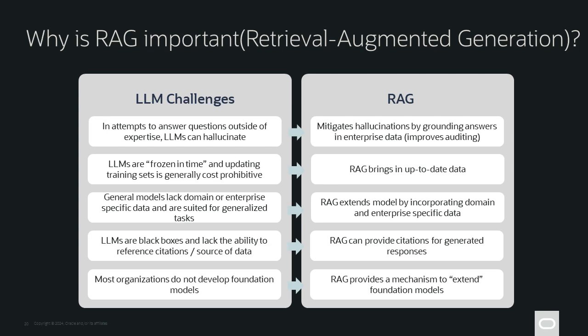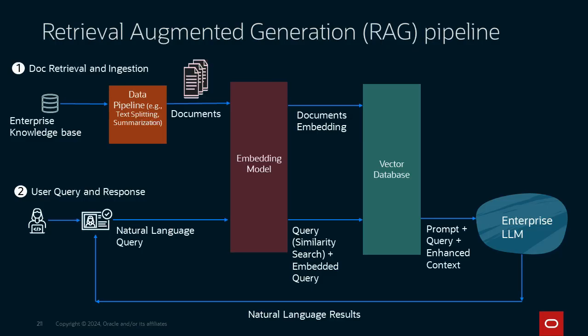They give you an answer, but you don't really know how it gets there. I'll show you how RAG can provide citations of the actual documents that get you there. And most importantly, most organizations do not develop these foundational models. They're expensive, they take time. So RAG gives you the ability to extend them. So those are the key things of why you would want to use retrieval augmented generation.